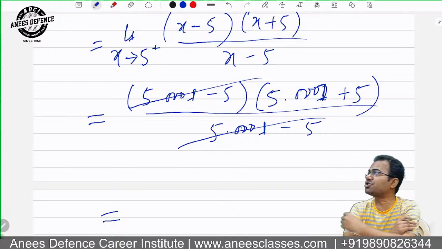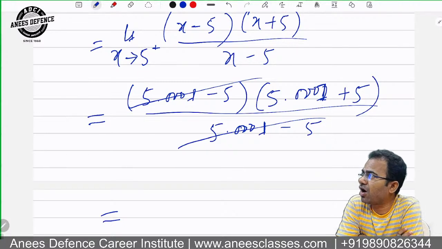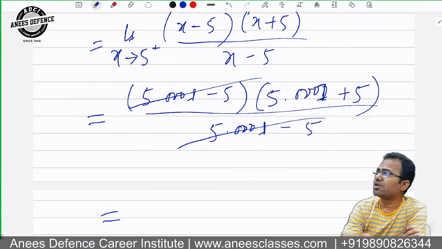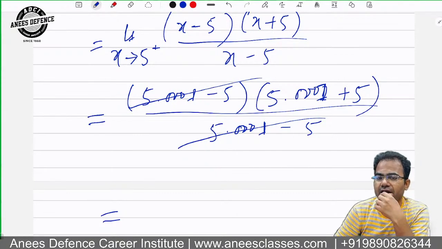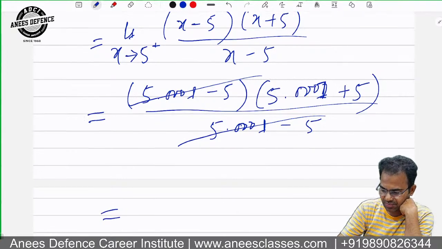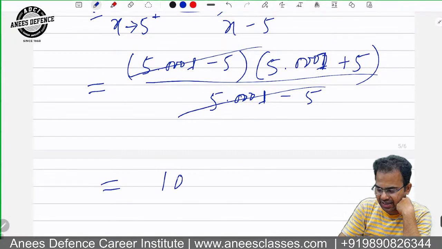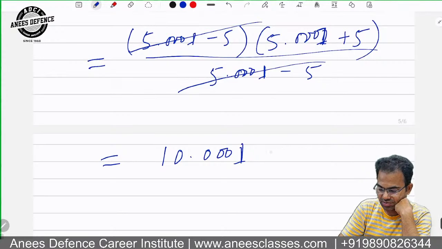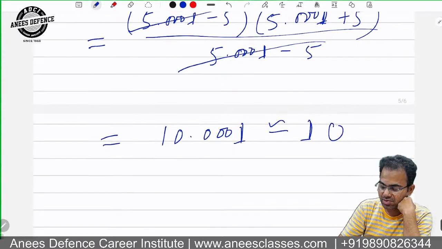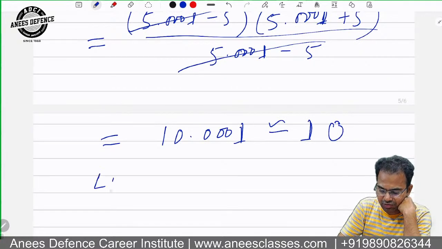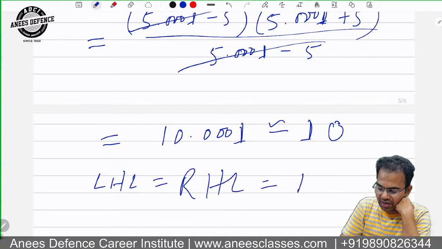Both are non-zero, so I can cancel. I am not cancelling 0 by 0; I am cancelling a non-zero but very small quantity. After adding, I will get 10.001, approximately 10. So here LHL equals RHL equals 10.